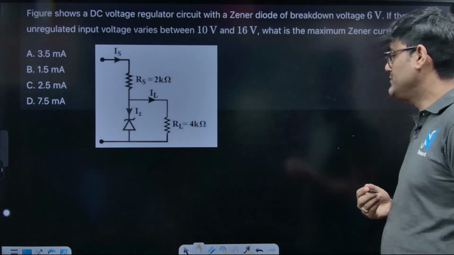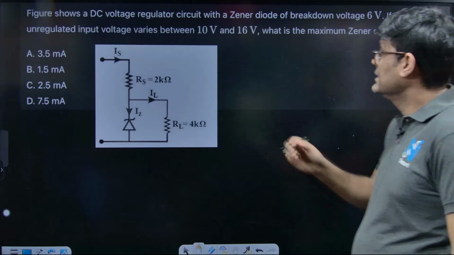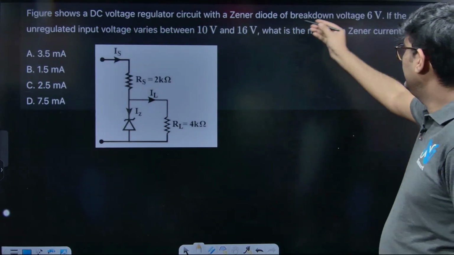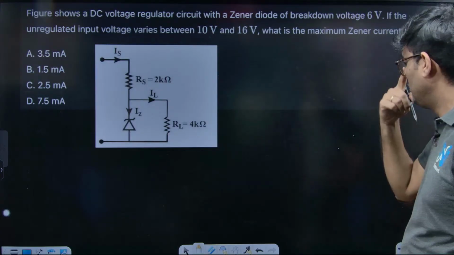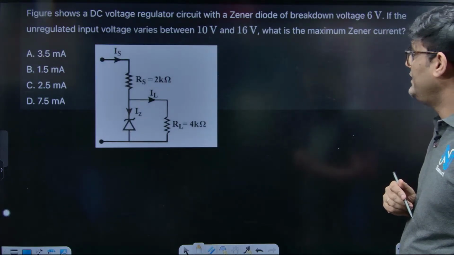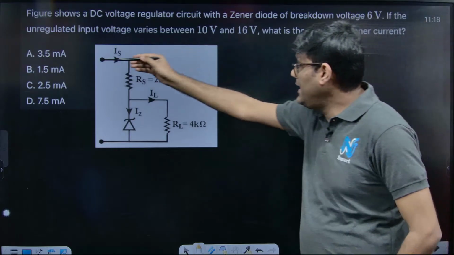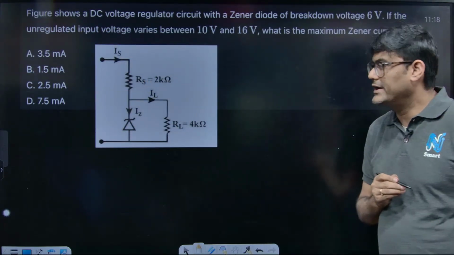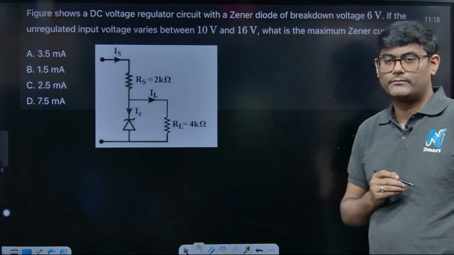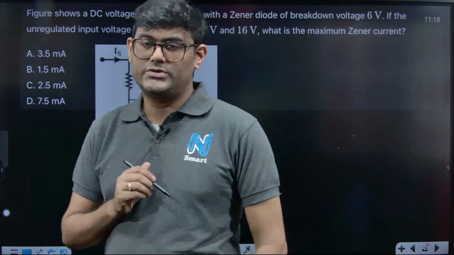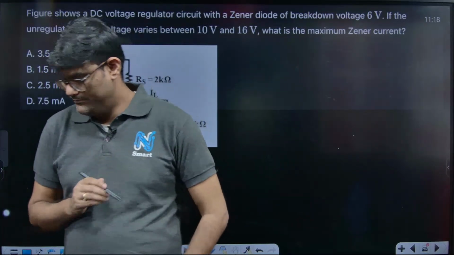Again, this question is based on a Zener diode. It shows a DC voltage regulator with a Zener diode of breakdown voltage 6 volt. If the unregulated input voltage varies between 10 volt and 16 volt, what is the maximum Zener current in this circuit? Please give it a try, and I will be coming with my solution just after your try.